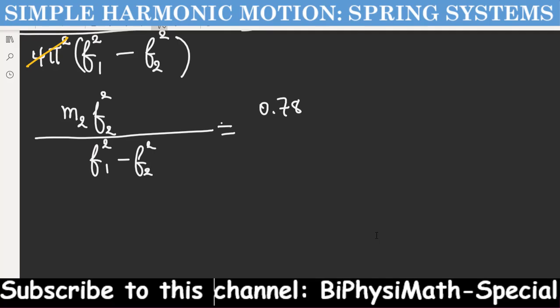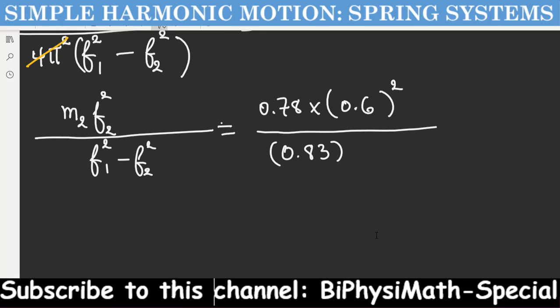We get 0.78 times 0.60 squared over 0.83 squared minus 0.60 squared.